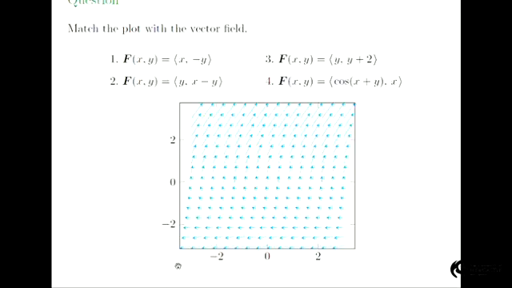So what you said is a good observation. If we look at y equals minus 2 down here, the vector field's second component is always going to be 0, and the first component is always going to be minus 2. Is it the case that at y equals minus 2, we have a bunch of arrows pointing left?